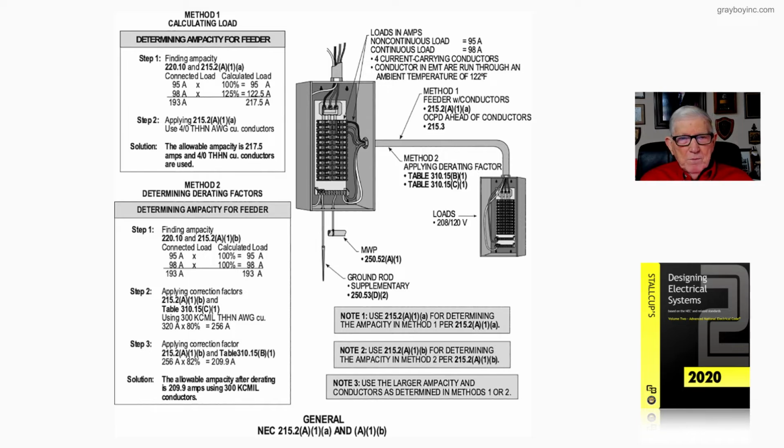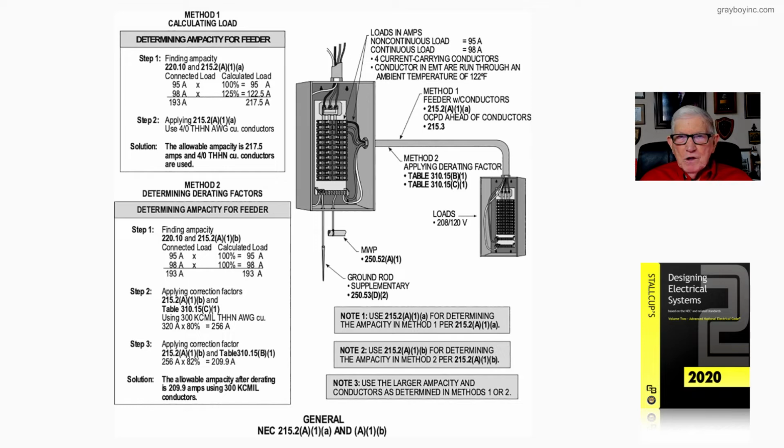So now we're going to apply 215.2A1 little b, and we're going to apply table 310.15C1. And we're going to apply table 310.15B1. So in step 2, we're applying table 310.15C1.